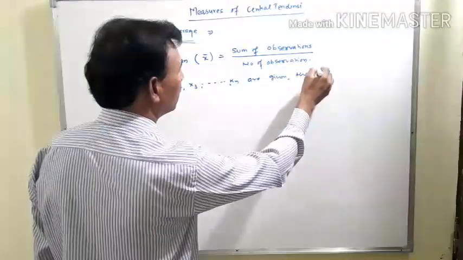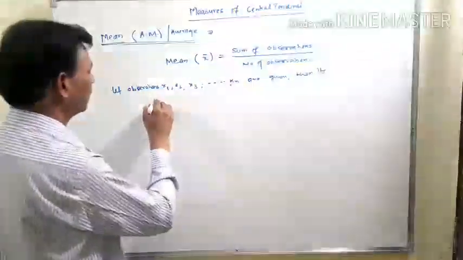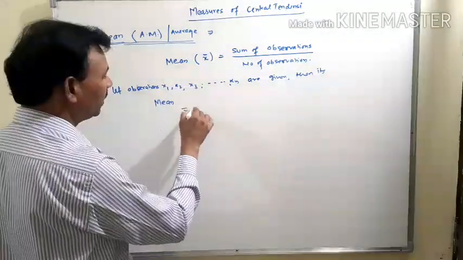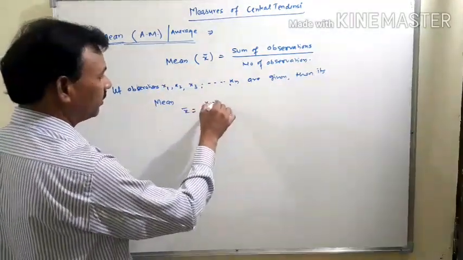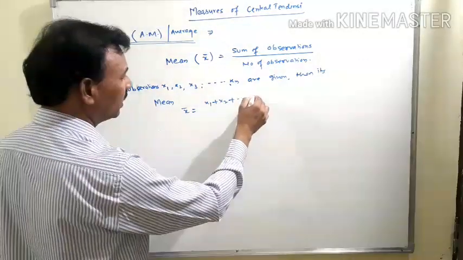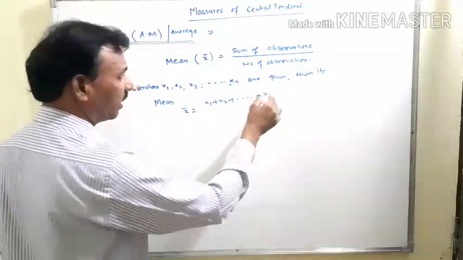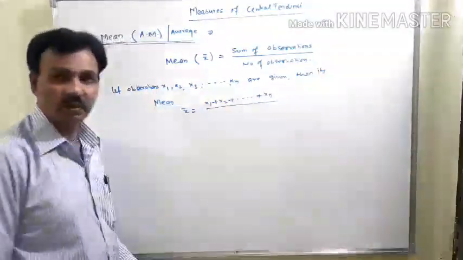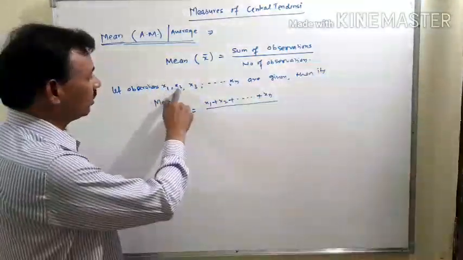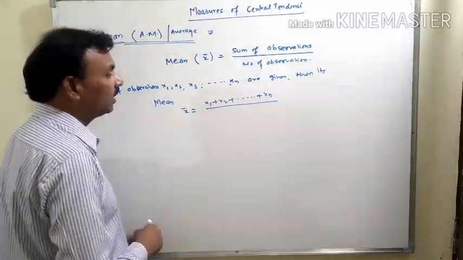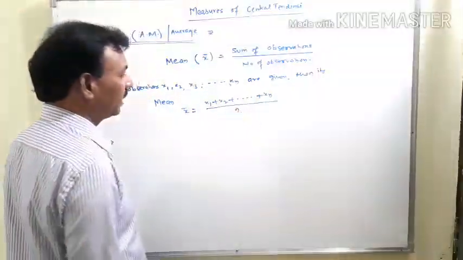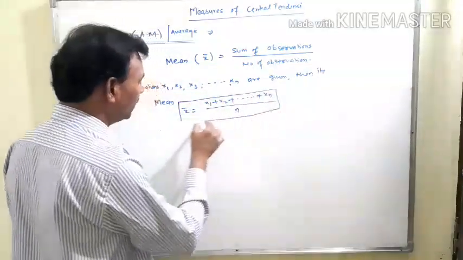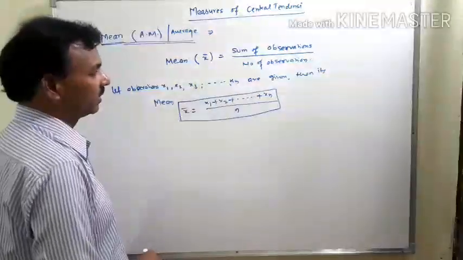Then its mean will be x bar equal to x1 plus x2 plus up to xn, whole upon the number of observations. As you see here 1, 2, 3 up to n, the total number of observations is n. So this result is known as the mean of these observations.